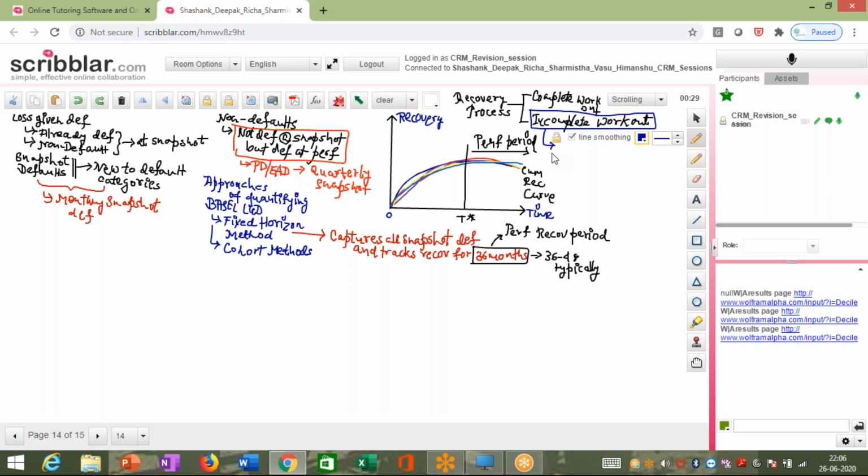And this extrapolation is done using the chain ladder.